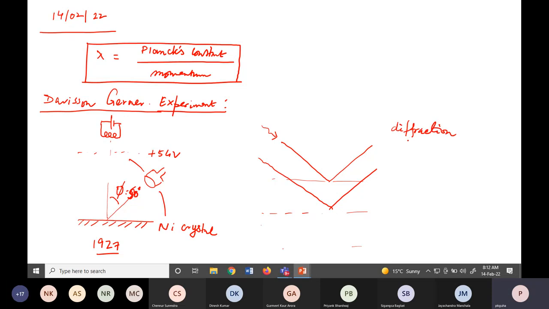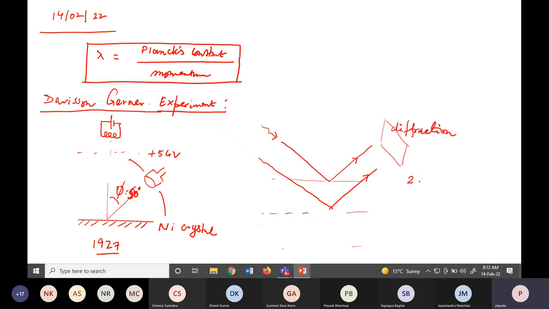This high intensity diffraction peak you will get when these rays meet in the same phase. If you put a screen or a detector, if they meet at the same phase, then we will get maxima, right?